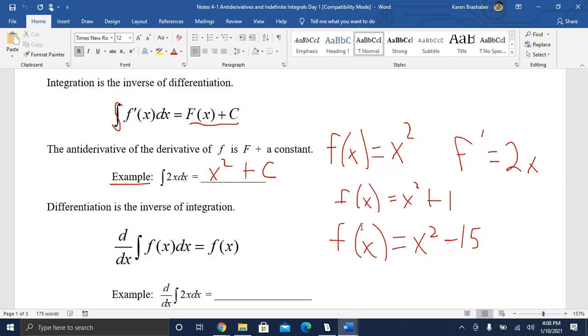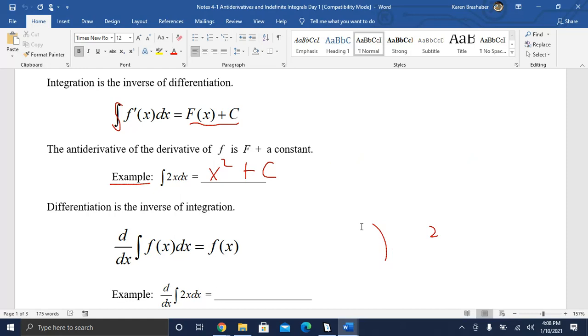So to drive home the fact that this is an inverse operation, it should be true that if you do the derivative of the integral, you end up with what we started with originally. So what we were originally doing the integration of, in this problem, 2x.